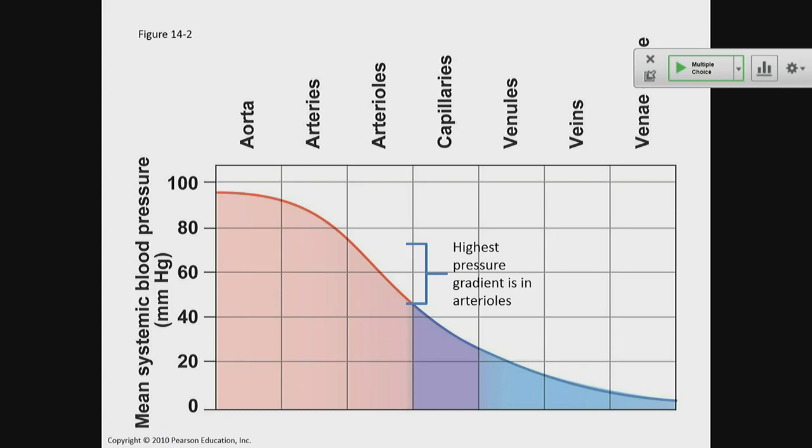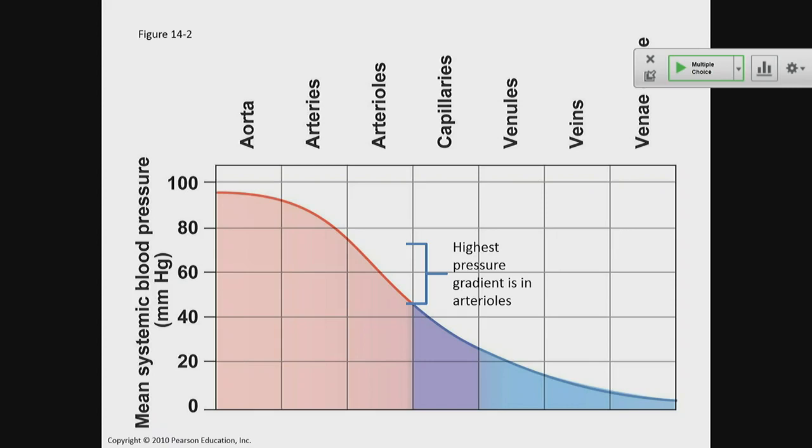I told you last time that the flow needs to be constant in every section of the cardiovascular system. Flow is pressure divided by resistance. Let's say the flow is 100, to plug in an easy value.